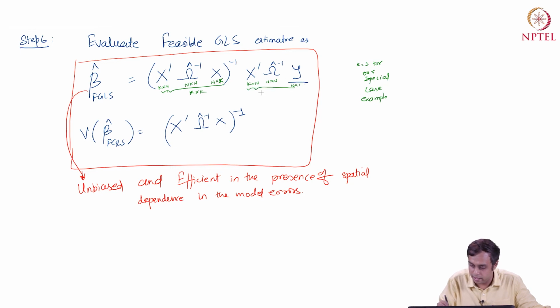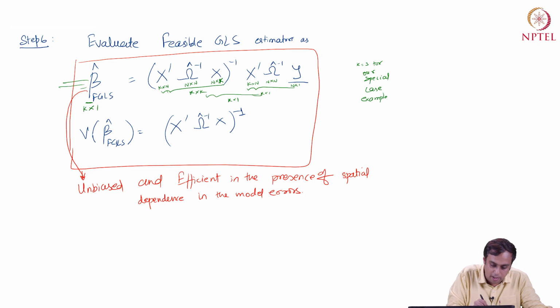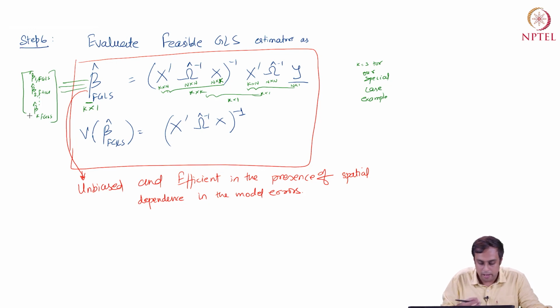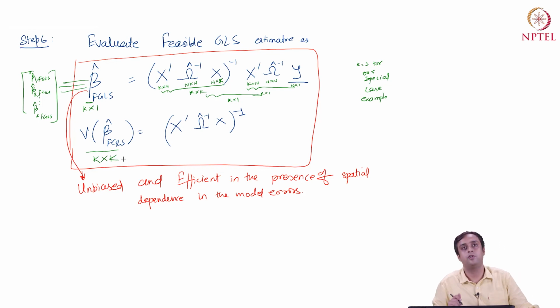So I'm looking at a k by 1. So overall I have a vector k by 1, which is nothing but an estimator for beta 1 hat FGLS, beta 2 hat FGLS, all the way till beta k hat FGLS. Okay, this is a very general form, and you should show on your own that the variance is going to be a k by k matrix.